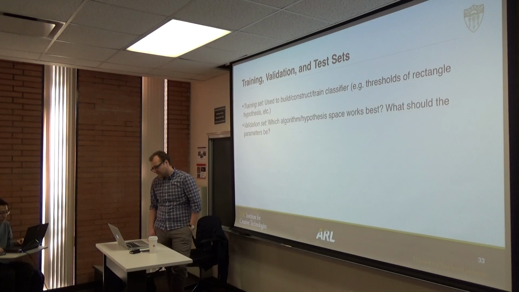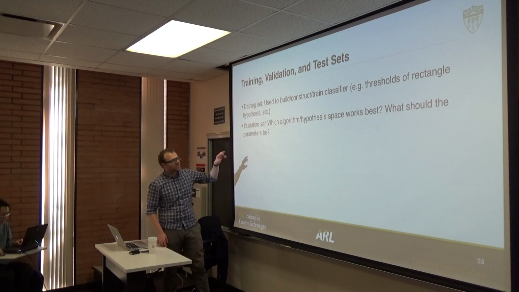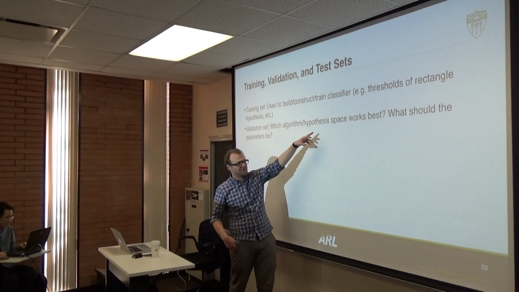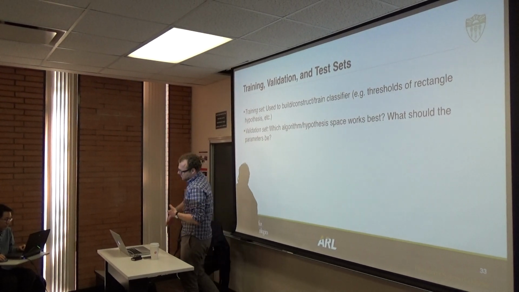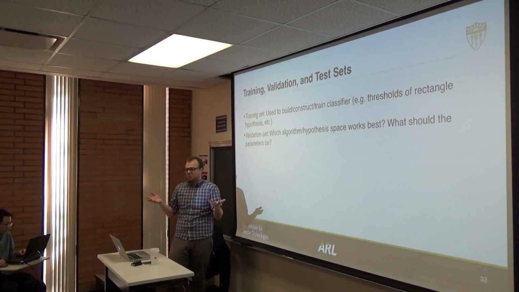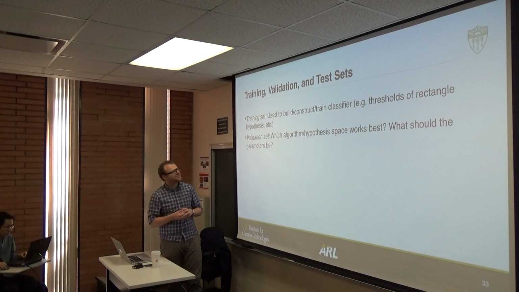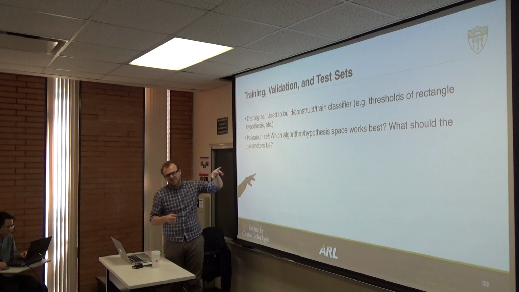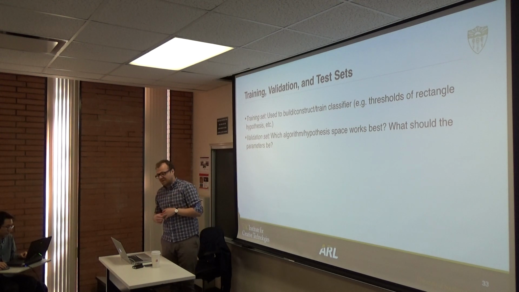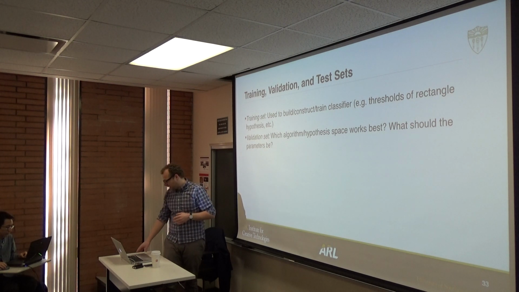And the second one is the validation set. With this validation set, you identify which machine learning algorithm or which hypothesis space (rectangles, linear separation with a line, neural networks, etc.) works best on my data, and what should be the hyperparameters, how to construct that algorithm.